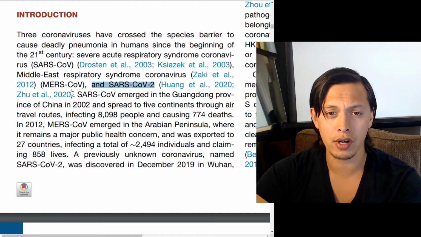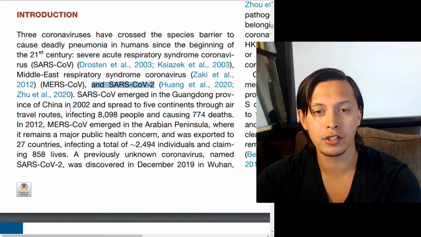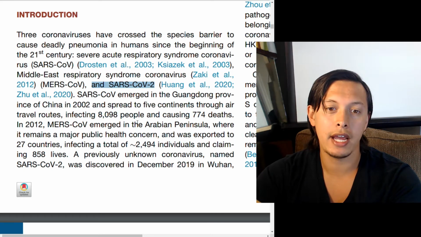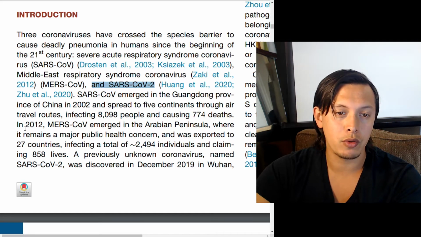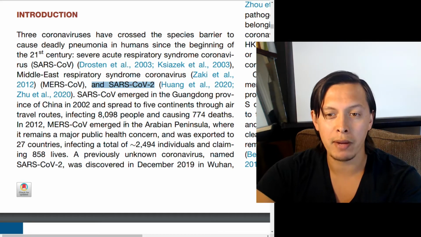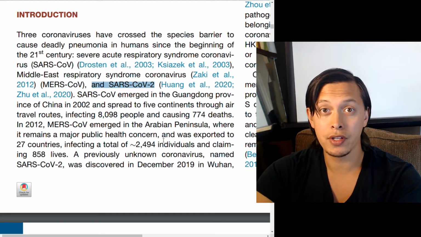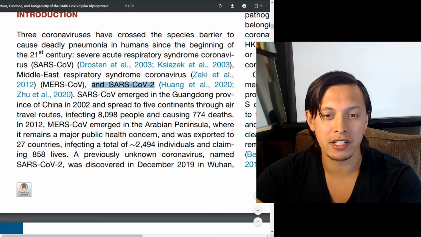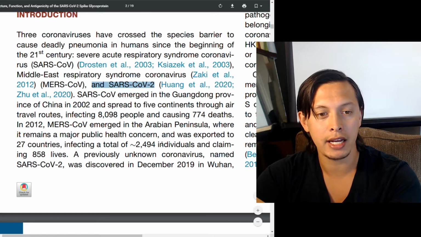So SARS-CoV emerged in the Guangdong province of China in 2002 and spread to 5 continents through air travel routes, infecting 8,098 people and causing 774 deaths. In 2012, MERS-CoV emerged in the Arabian Peninsula, where it remains a major public health concern even to this day, and was exported to 27 countries, infecting a total of 2,494 individuals and claiming 858 lives.